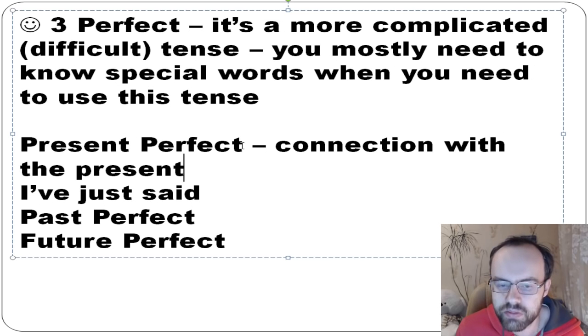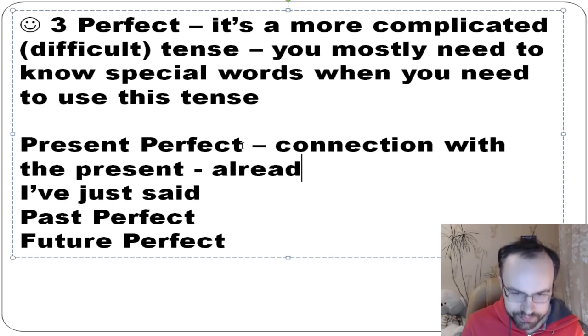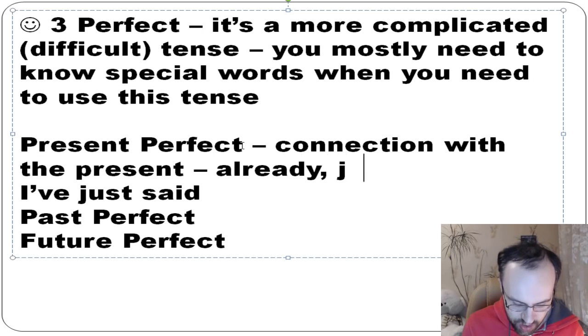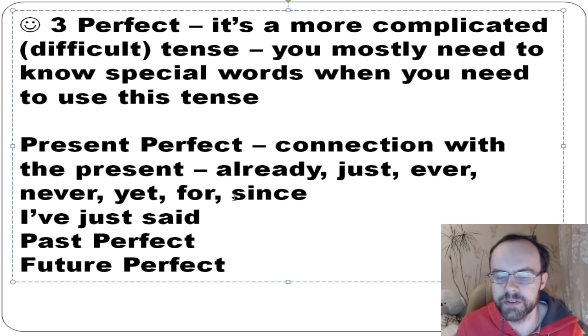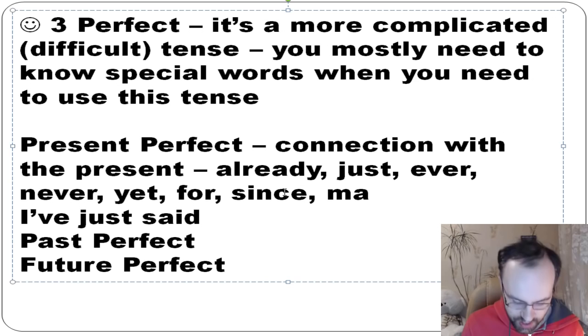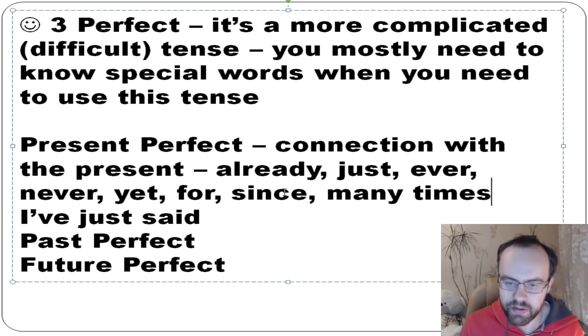We see the connection with the present, and we use present perfect with such words as already, just, ever, often with never, yet, and for and since, and also many times or several times, two times, three times.